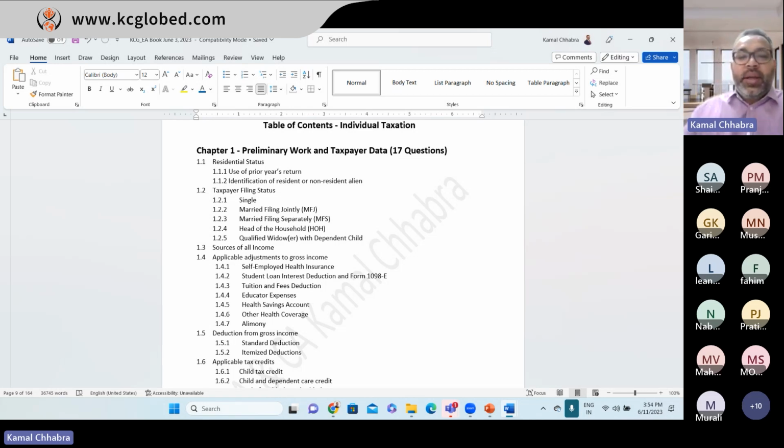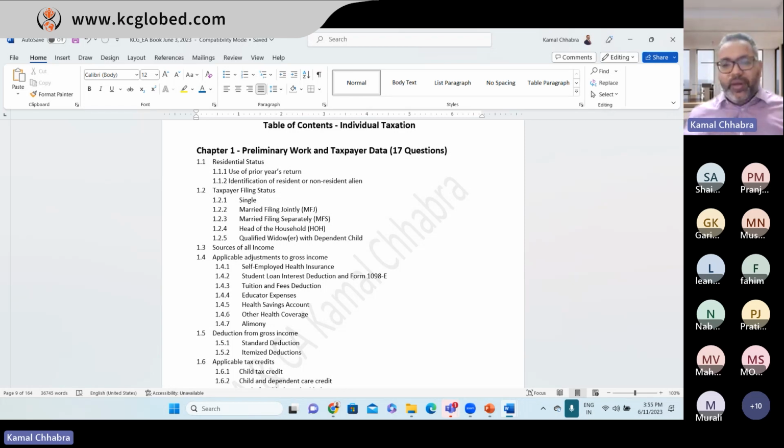Then the second thing is the taxpayer filing status. This is very different from India to US. In India, everyone is considered an individual taxpayer, whereas in the US, individuals are classified into five categories. Single means unmarried. Two married individuals can file a joint return or individual returns, so the status is married filing jointly or married filing separately.